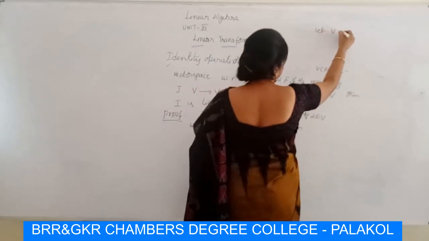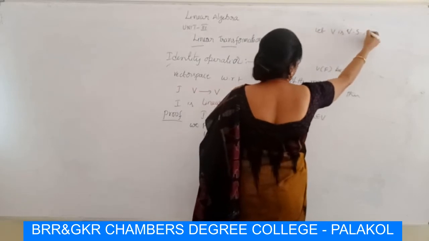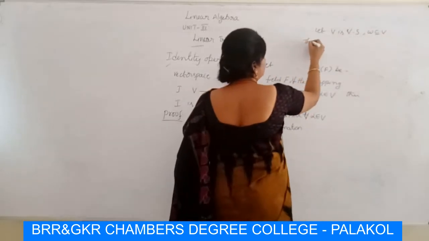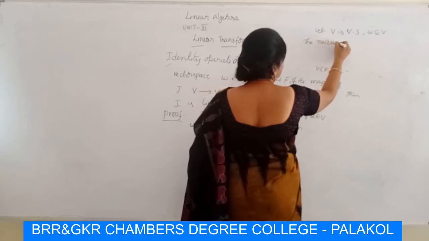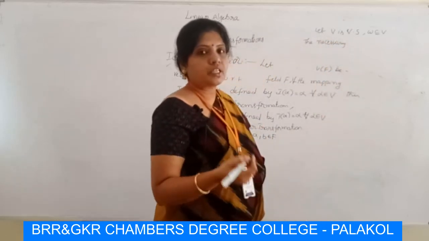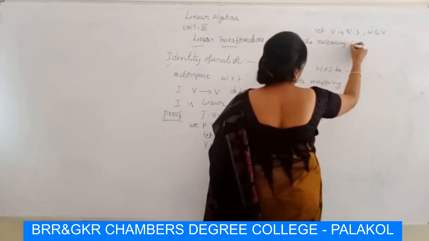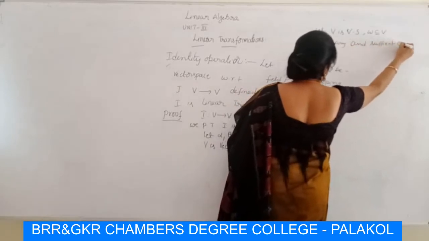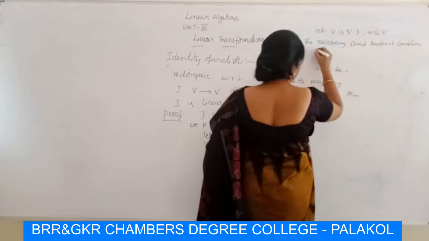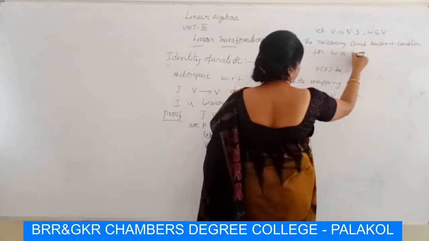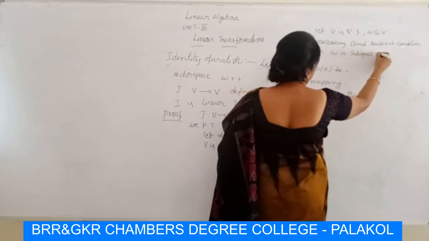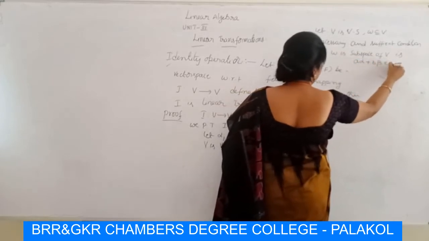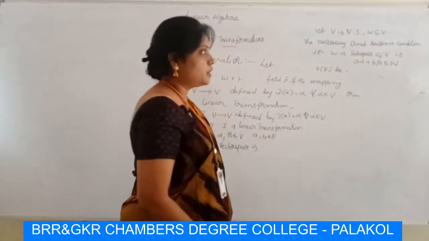Let V be a vector space and W is a subset of V. Then the necessary and sufficient condition for W to be a subspace of V is that A alpha plus B beta belongs to W.